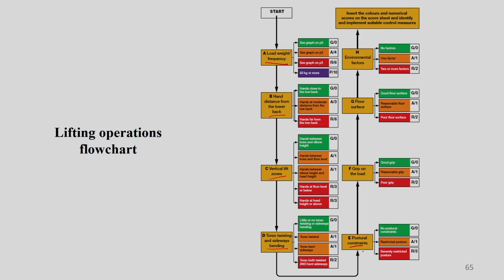Grip on the load, so how you are holding it, because you are talking about lifting, right? What kind of grip you have on the load, that is F. And floor surface, what is the condition of the floor surface, if it is slippery or difficult to step in, all those things, and the environmental factors. So these are the few things we are going to understand.